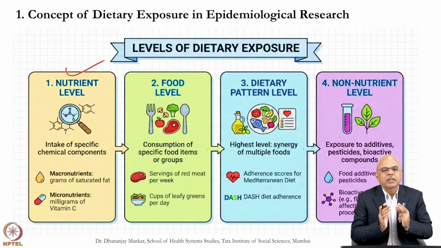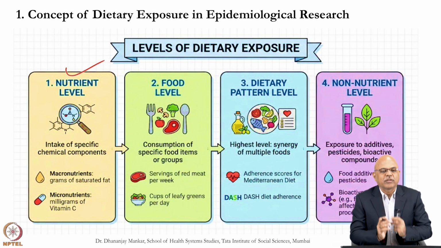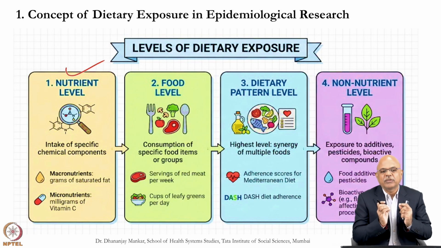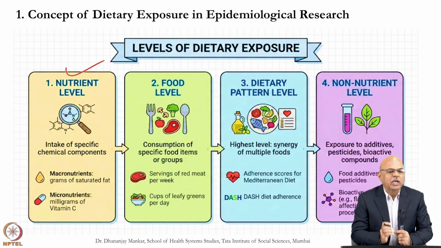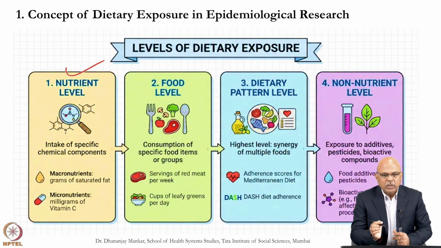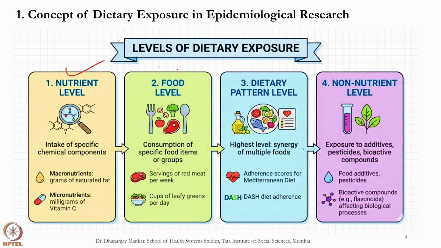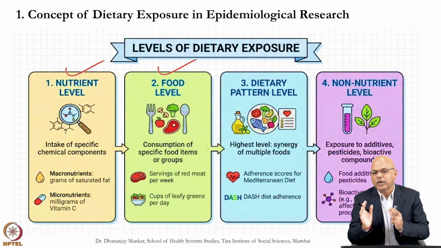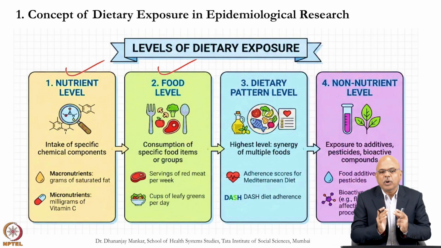For example, grams of saturated fats we can consider as a macronutrient, while milligrams of vitamin C can be considered as a micronutrient. The second level is the food level, that is, the consumption of specific food items or groups, such as servings of red meat per week or a cup of leafy greens per day.